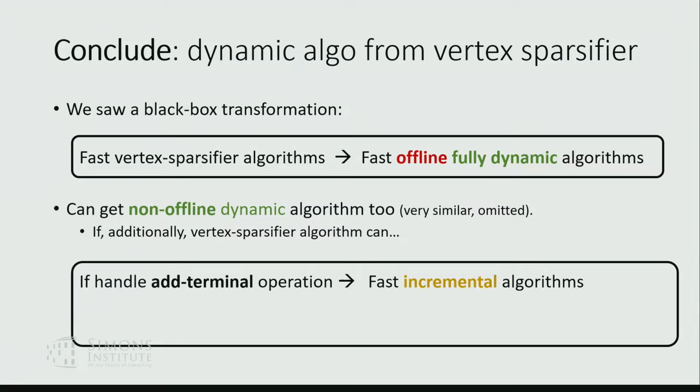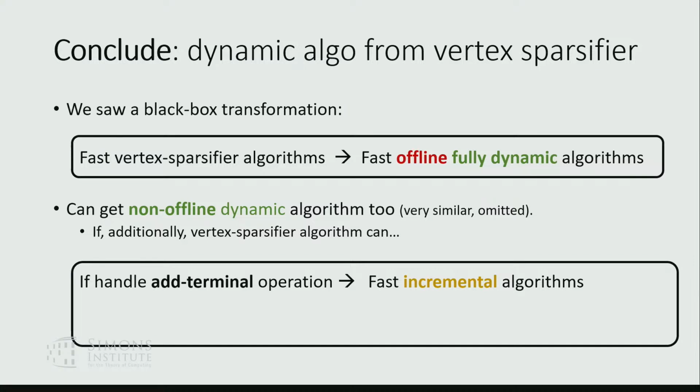That is, if your vertex sparsifier algorithm could handle this thing that I call the add terminal operation. It's an operation where you compute a vertex sparsifier with respect to some set S, and let's say you have one more node you want to put into the terminal set.